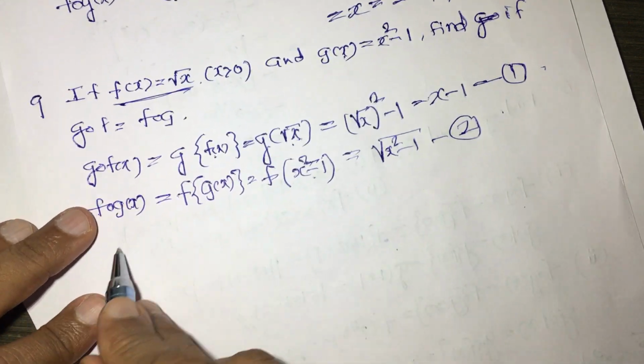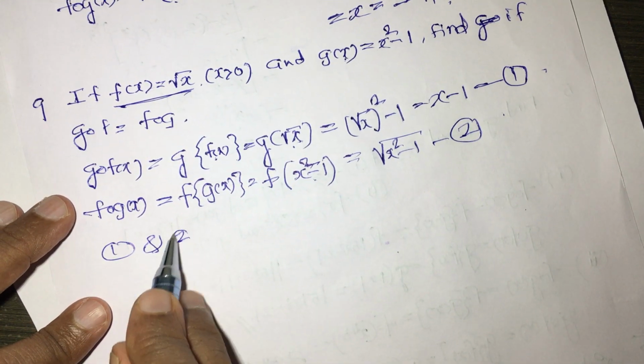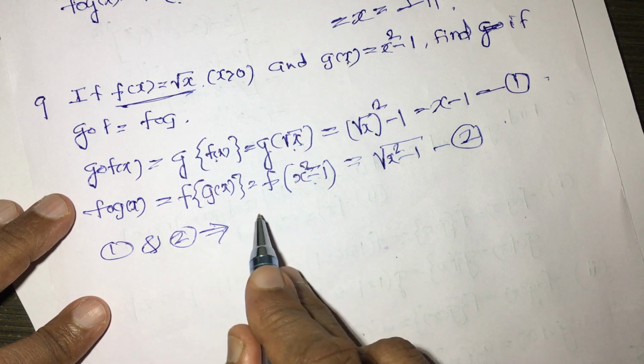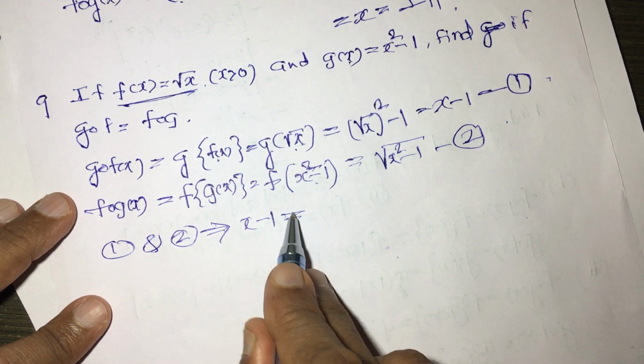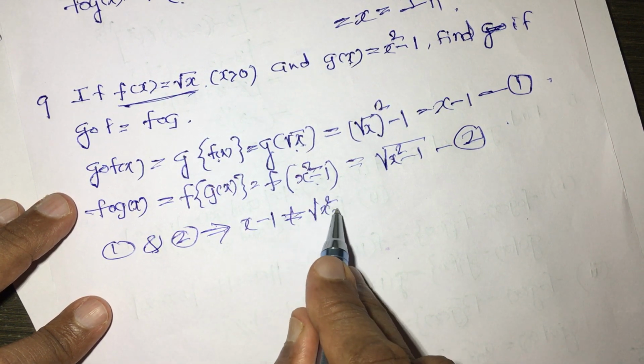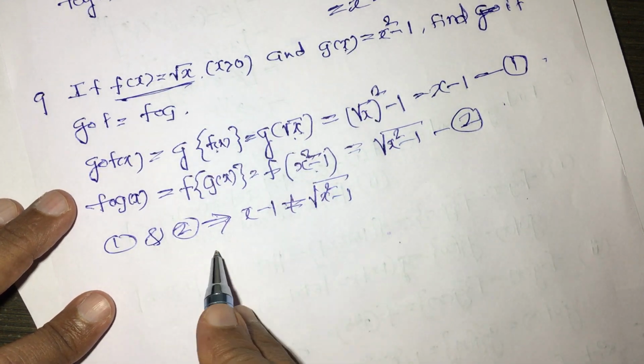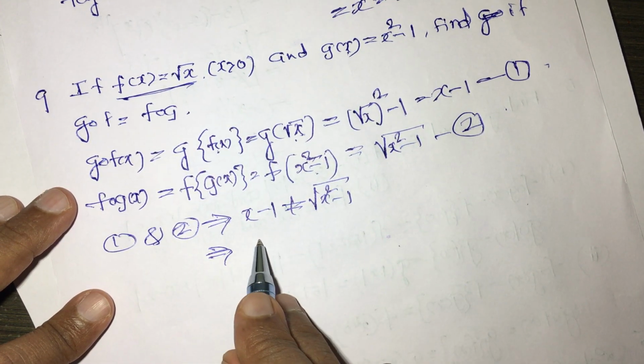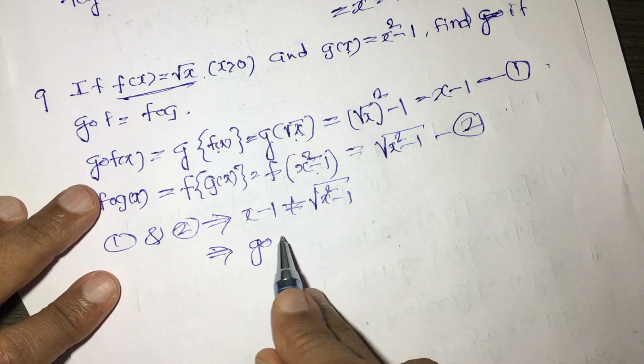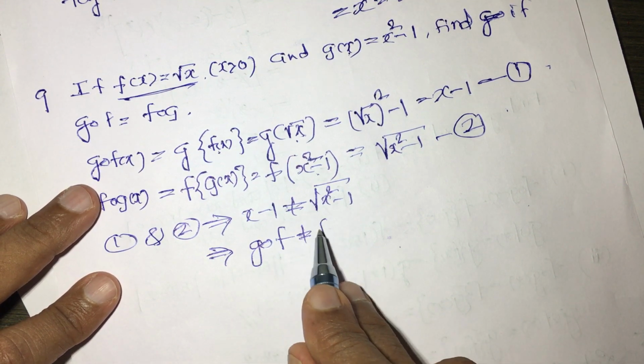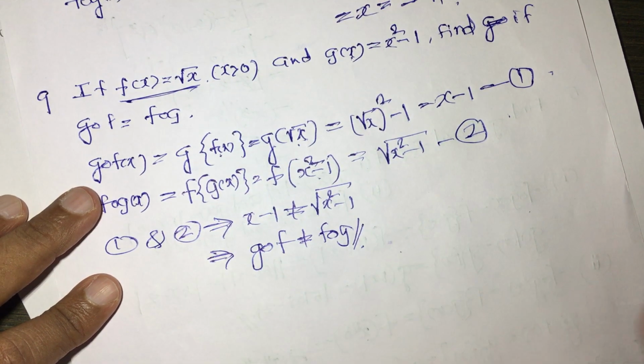Look here, 1 and 2 imply x minus 1 is not equal to root of x square minus 1 because they are different. So, this implies g composite f is not equal to f composite g, which is your answer.